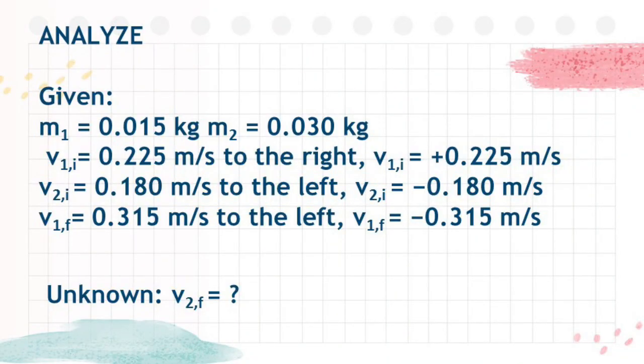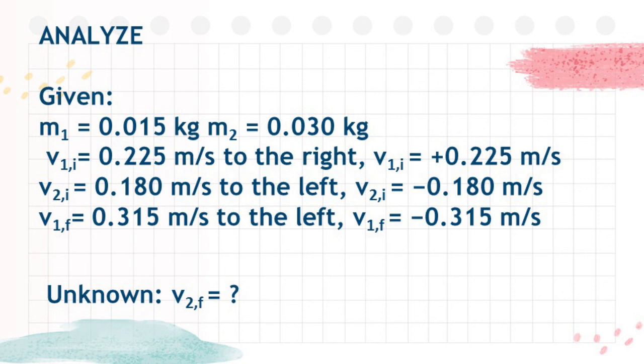Analyzing the problem, here are the given quantities. Mass of the first object is equal to 0.015 kg. Mass of the second object is equal to 0.030 kg. Initial velocity of the first object is equal to 0.225 meters per second to the right, or 0.225 meters per second.